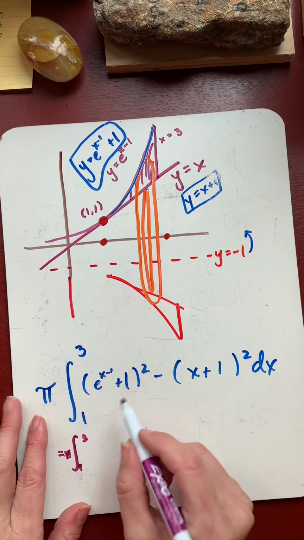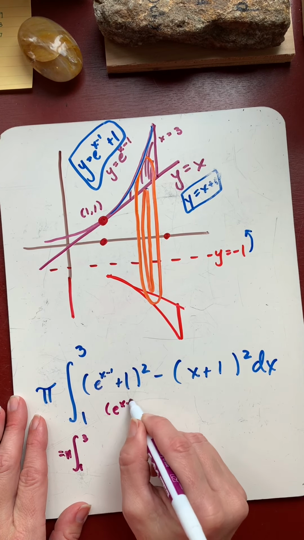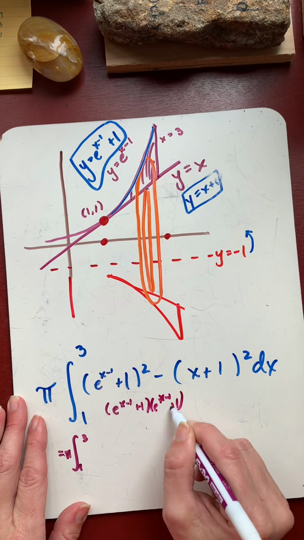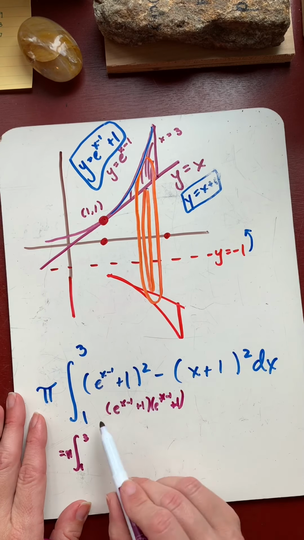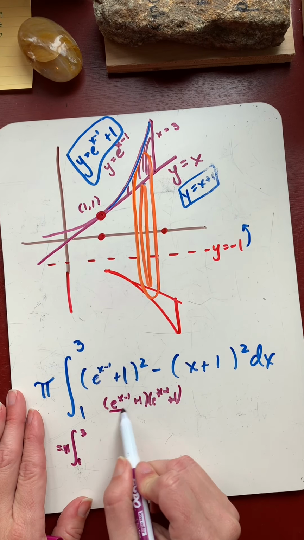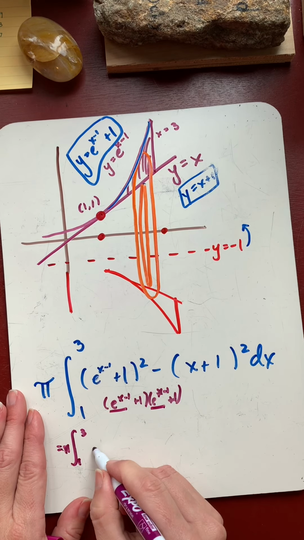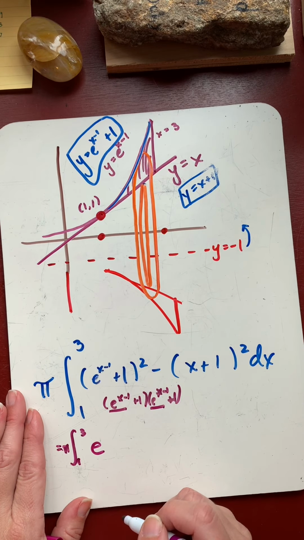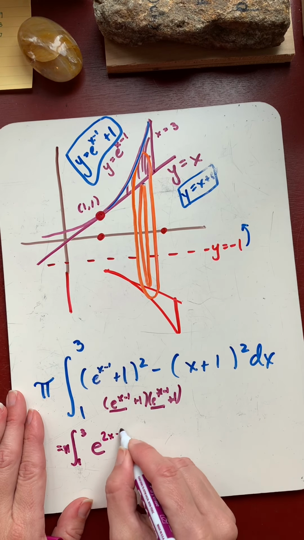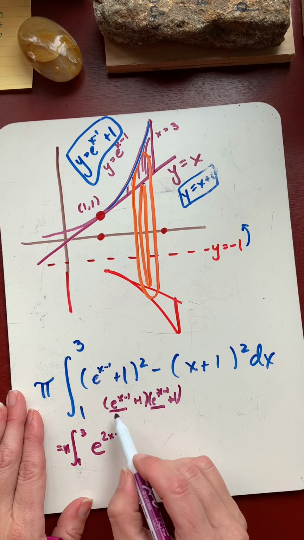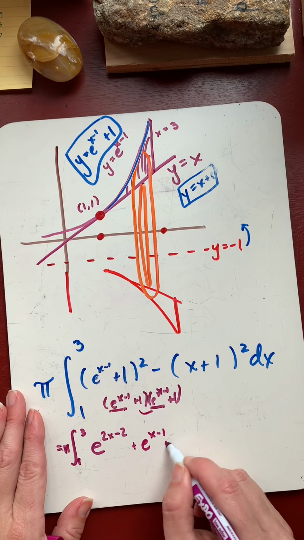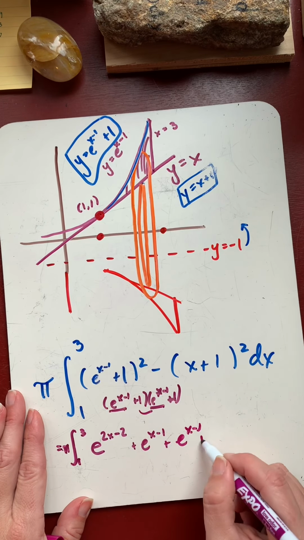So if I foil this, e to the x minus 1 plus 1 times e to the x minus 1 plus 1. You might think that's a total waste of time, but it's not a bad idea to remember how that foils. When I multiply e to the x minus 1 times e to the x minus 1, I add powers, so x minus 1 plus x minus 1 becomes 2x minus 2. And now e to the x minus 1 times 1, and my inners, and my lasts.